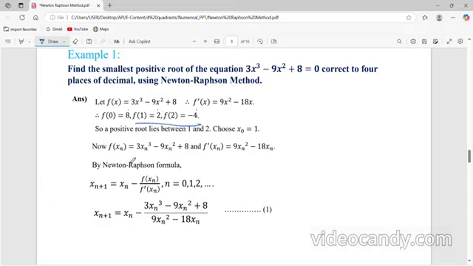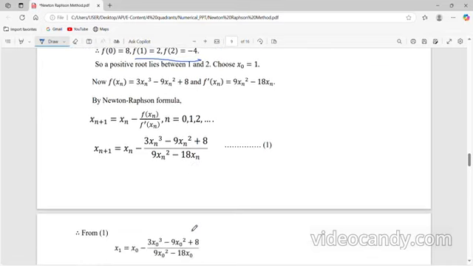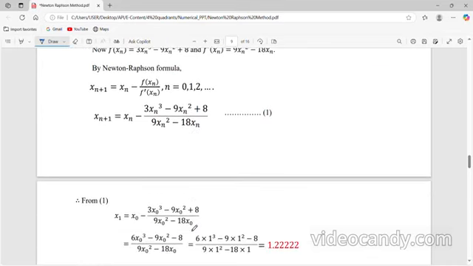Since our formula requires the derivative, we need f of xn and f dash xn. By the Newton-Raphson method, this is the formula: xn plus 1 equals xn minus f of xn divided by f dash xn, and we know the derivative also. This is equation 1. Now from equation 1 we put n equals 0.